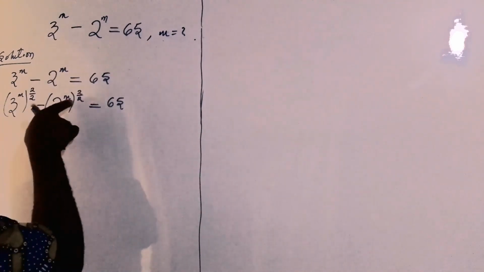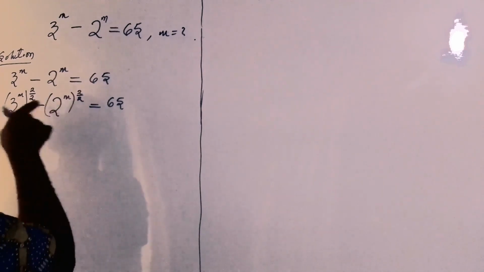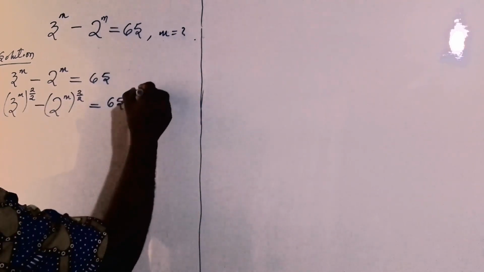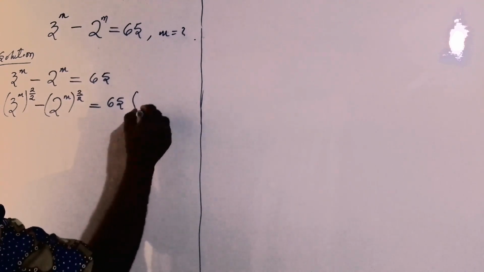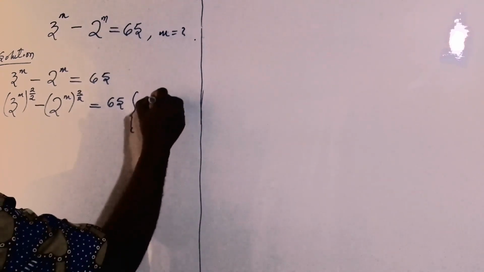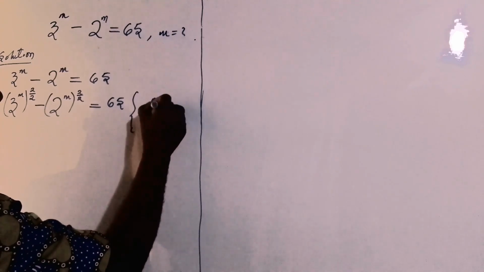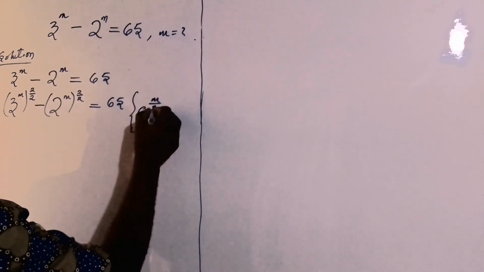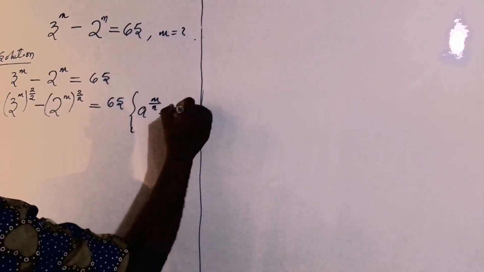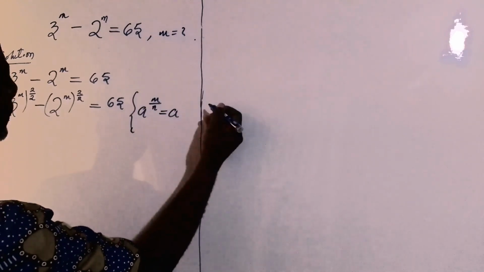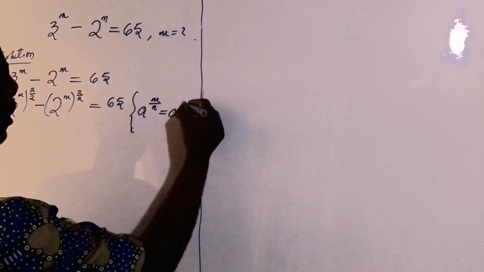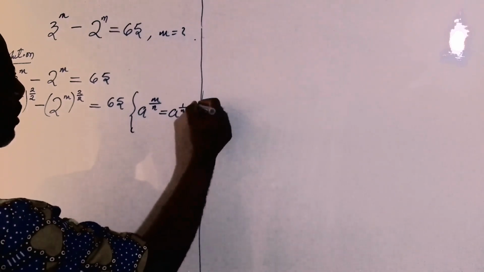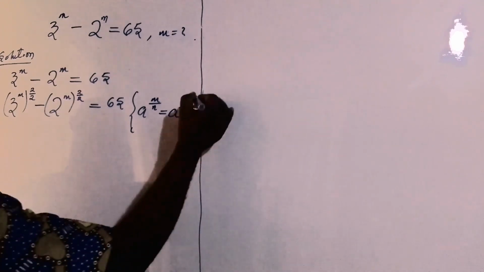Now I'm going to go back and further do some simplification here, where I'm going to be using this law that a to the power of m over n is the same thing as a to the power of 1 over n times m. Alright?